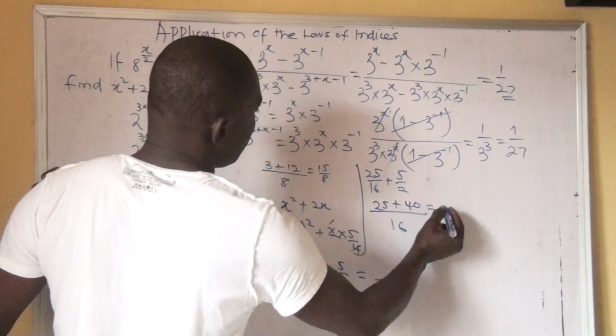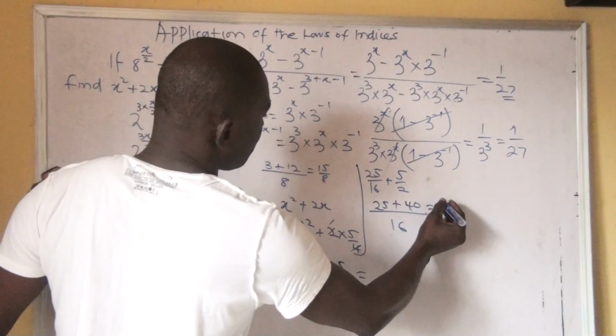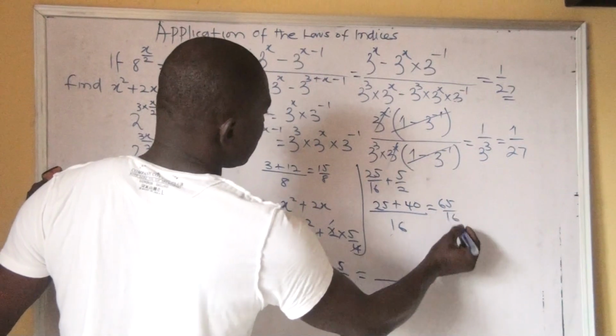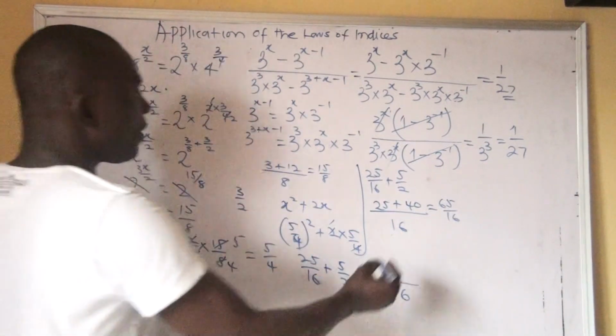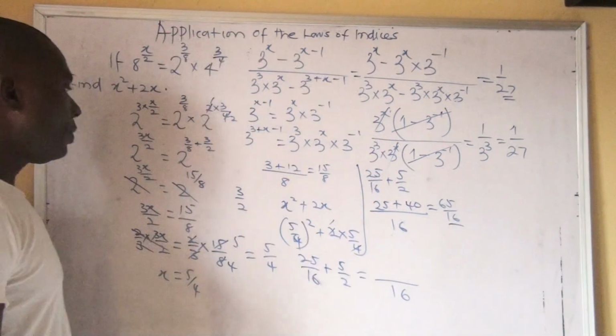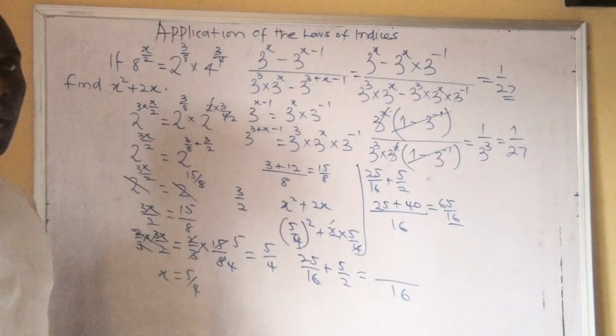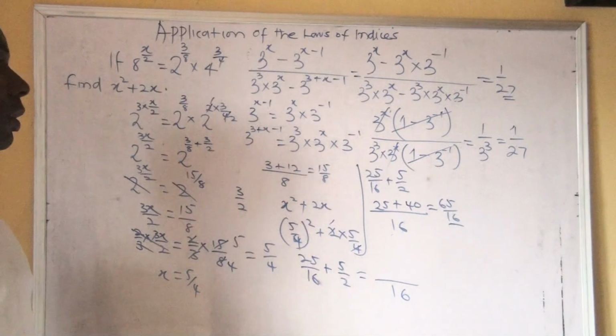So if we do that, this becomes 65 over 16. So the value of s squared plus 2s is equal to 65 over 16.